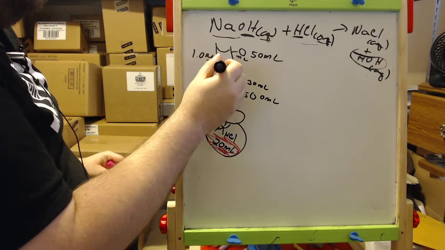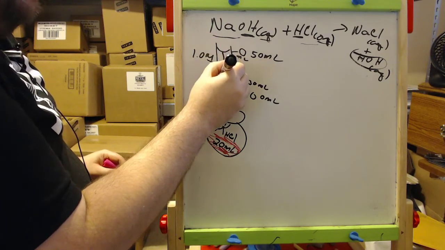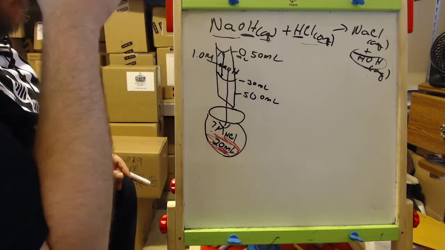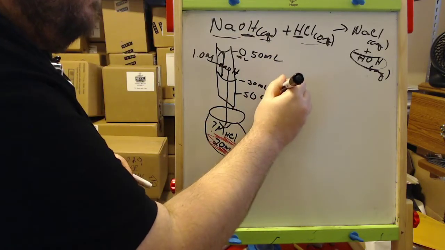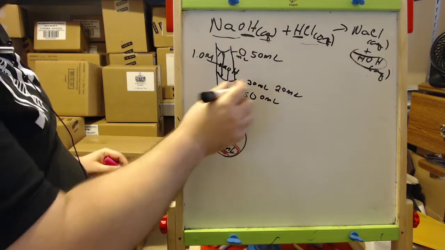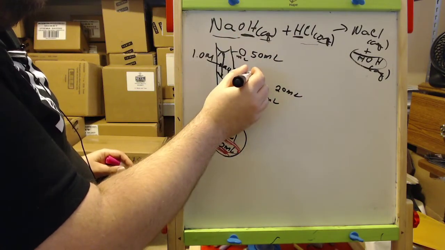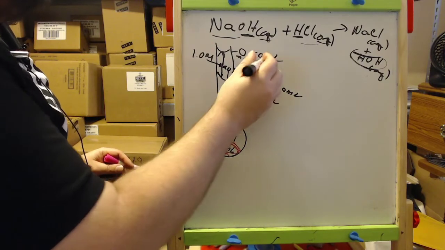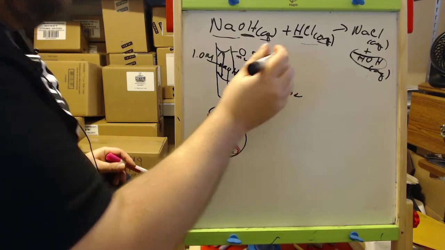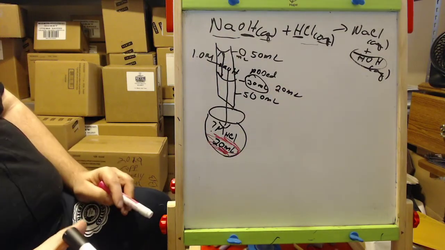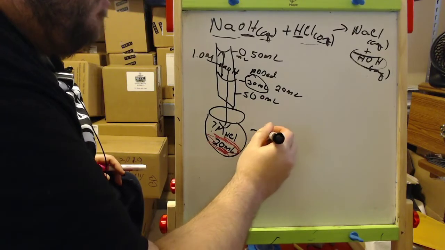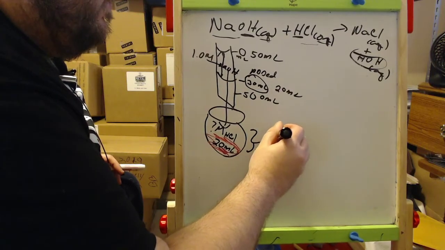And let's say the volume level drops from 50 mils down to 20 mils, because again, we read this backwards. So we added 30 mils. When that pink color shows up, we call that the end point or equivalency point.